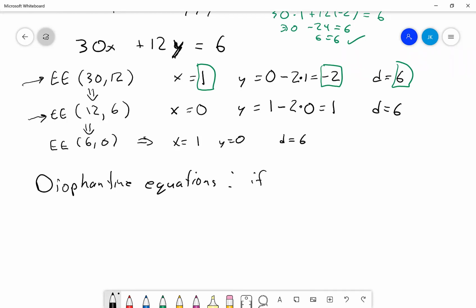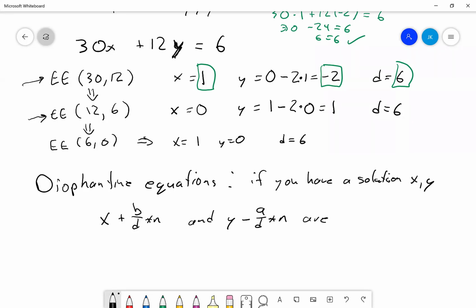Is that if you have a solution x, y, so assume that x is a solution already, then x plus b over d times n and y minus a over d times n are solutions.